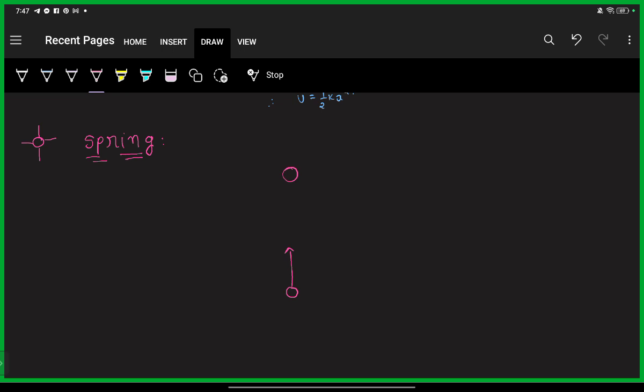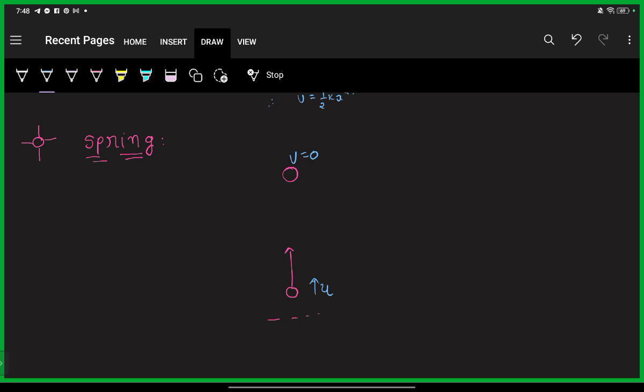So when you throw a ball upwards, you're asking when it comes down, or when it goes upward? When you throw the ball upward. So you're asking what happens in terms of energy.